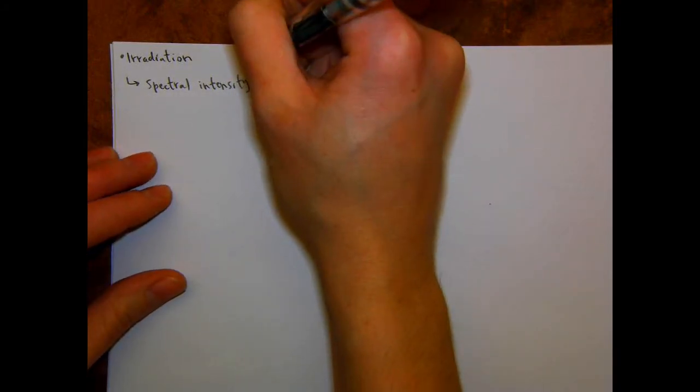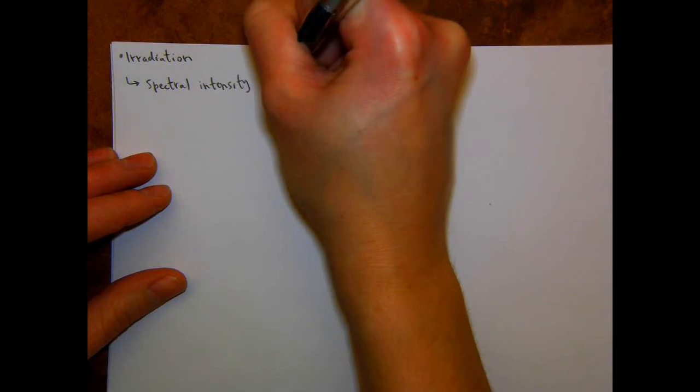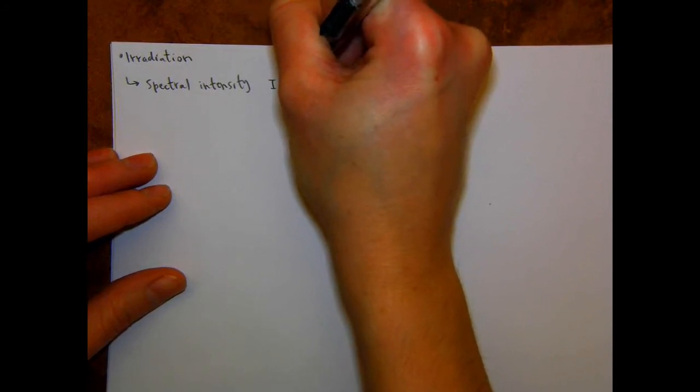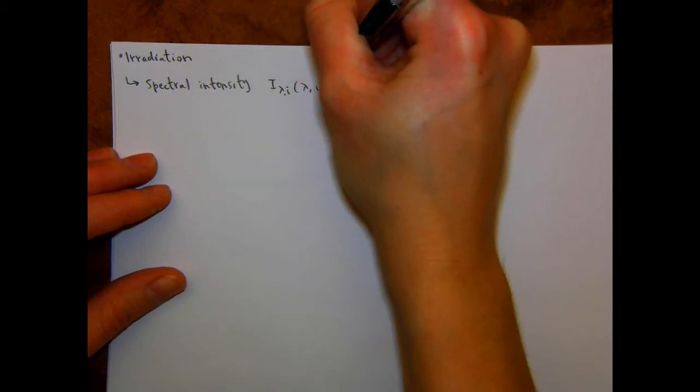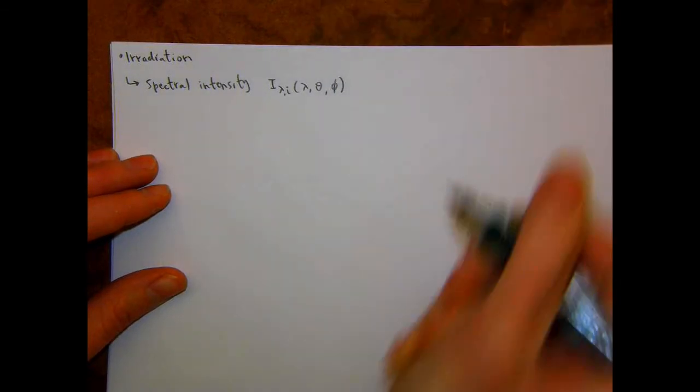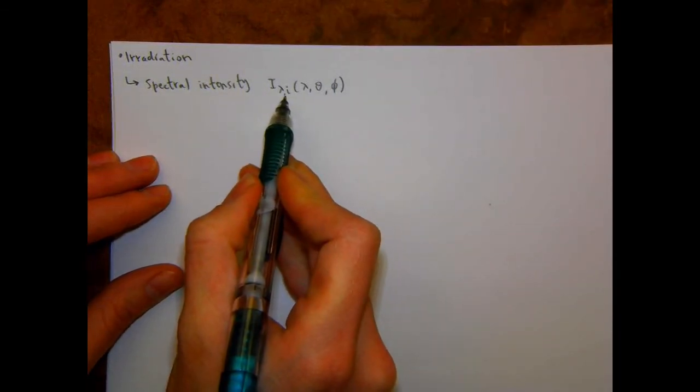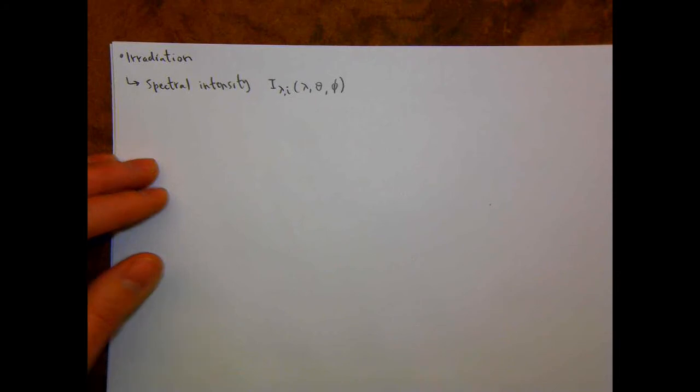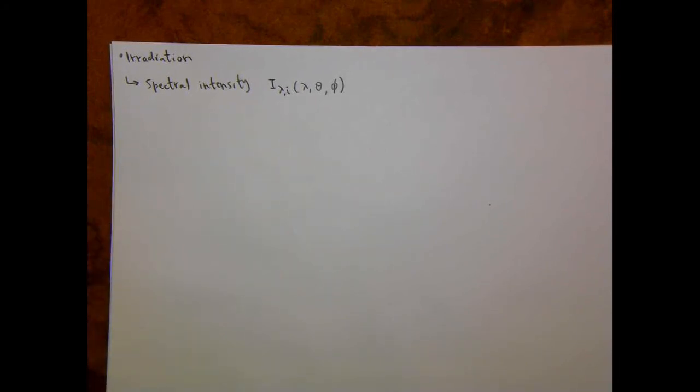So now we're talking about radiation that is received by a surface rather than emitted by a surface. So the only difference here is we have this I, so irradiation rather than emission.